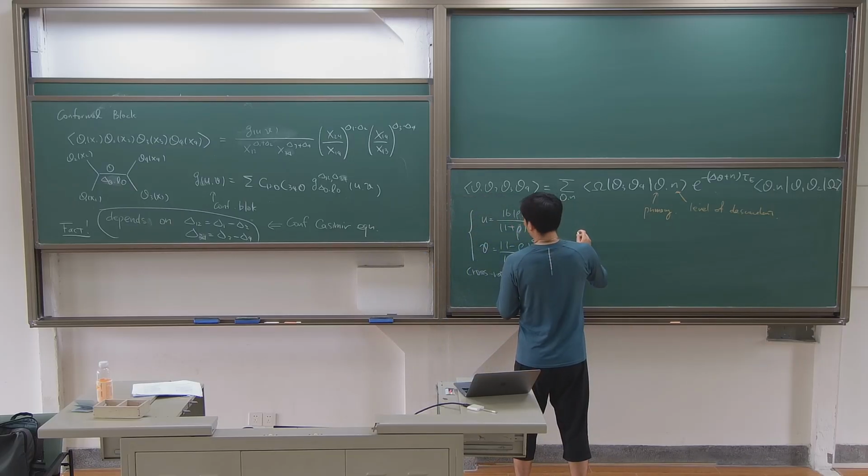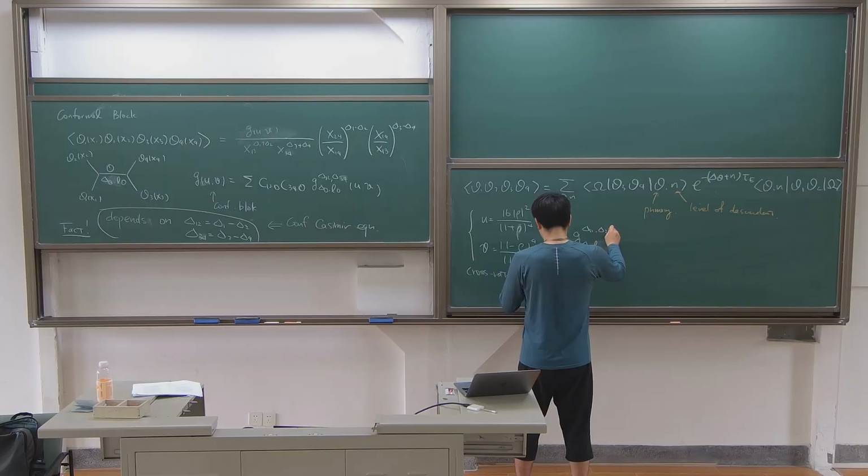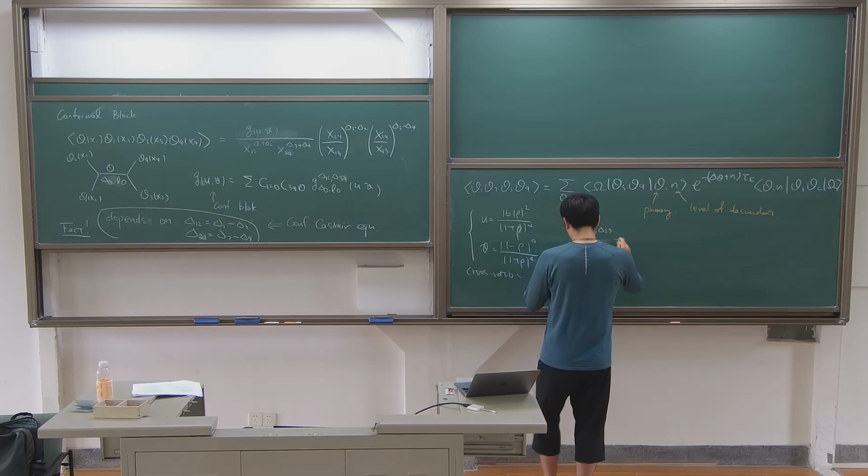So the conformal block can in fact be written as follows: G with delta, L, and delta 1 2, delta 3 4, can be written as follows.